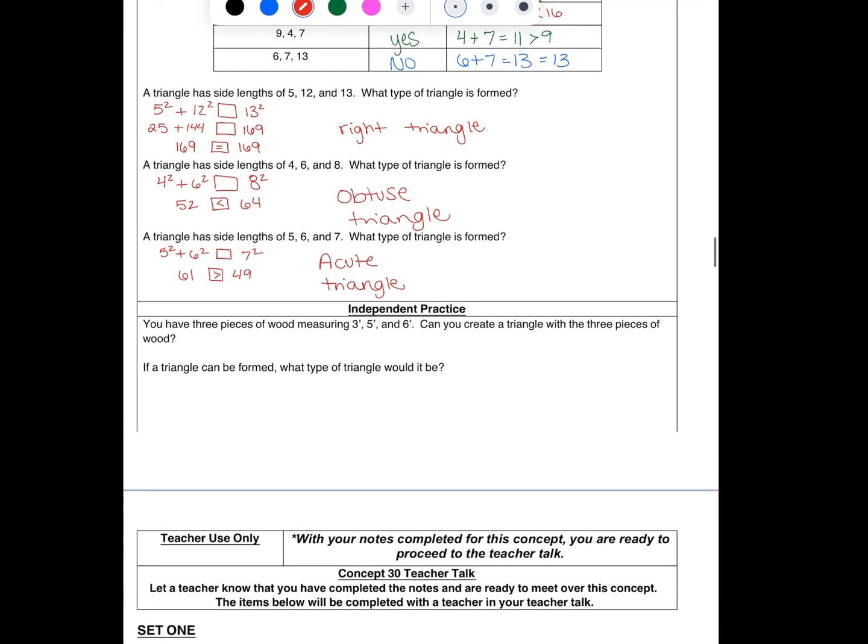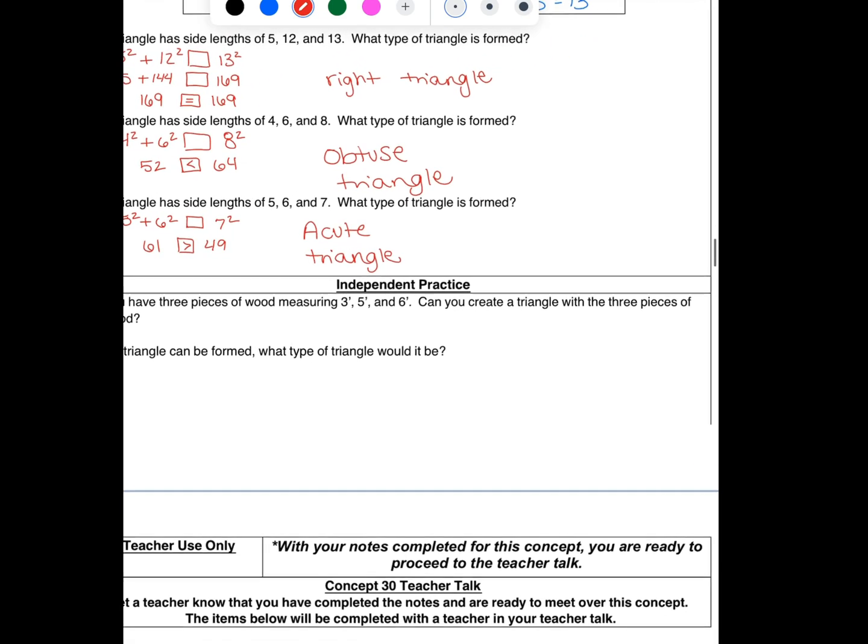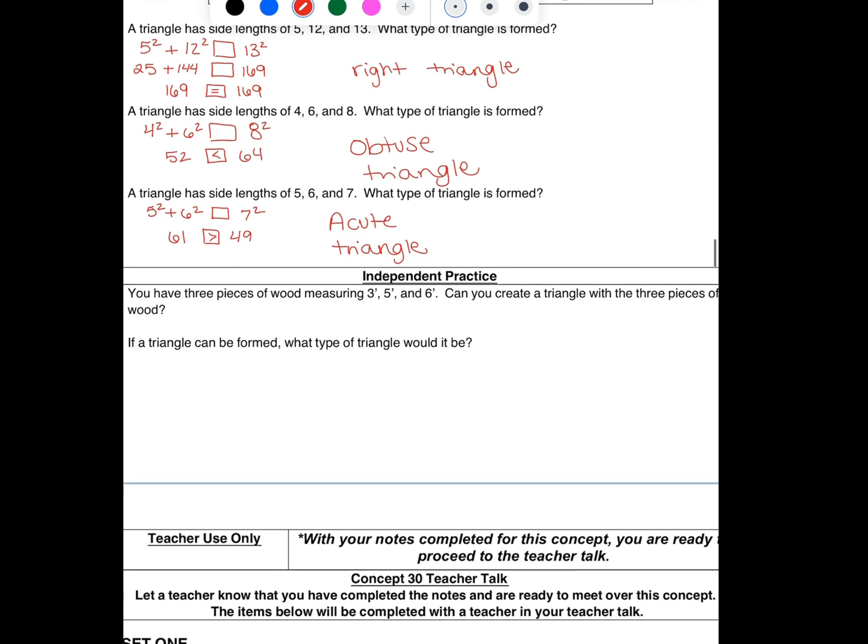All right, and our last question asks: you have 3 pieces of wood measuring 3, 5, and 6. Can you create a triangle with the 3 pieces of wood? If a triangle can be formed, what type of triangle would it be? The first thing we need to check is whether these pieces of wood can even form a triangle.